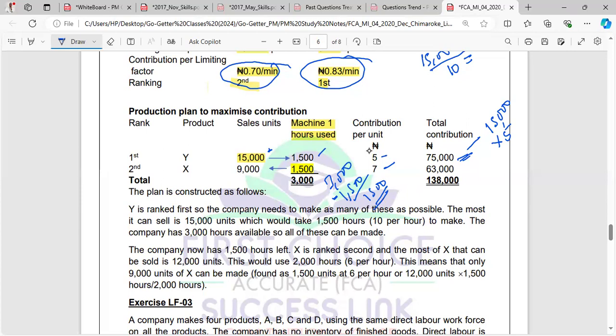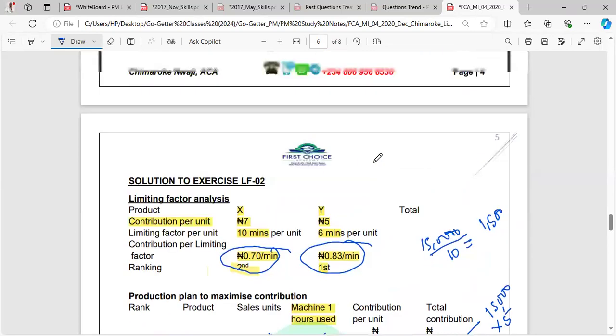Look for the remainder of the machine 1 hours that is available, not required, that is available. Now this 1,500 is not up to what is required, but because that is what is available, you have no choice. You have to use it. Now that you have 1,500 available, how many units can you do in 1,500 hours? Let's go and check again.